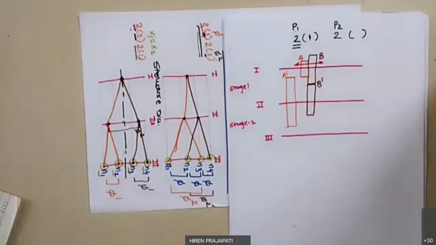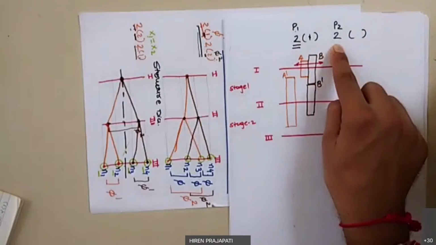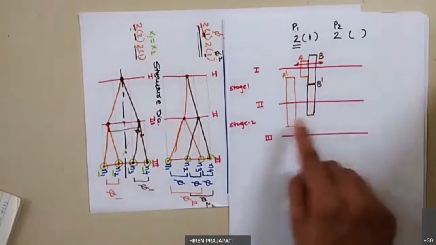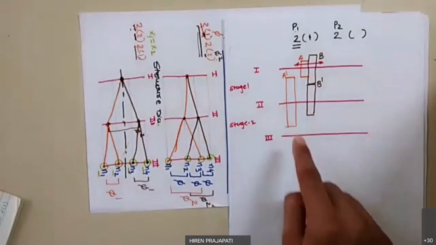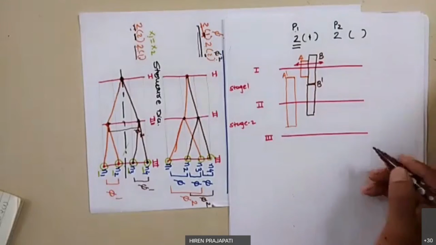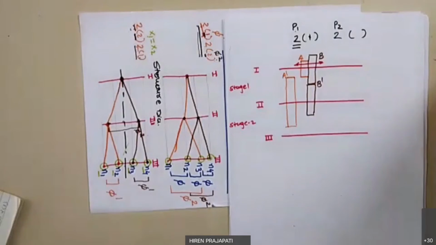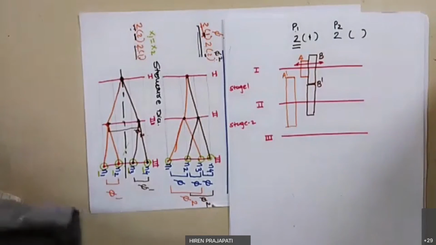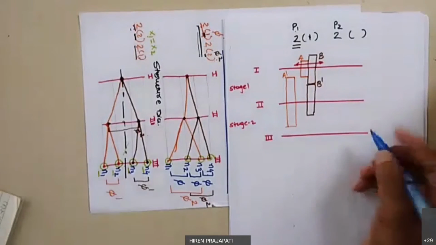Now, in the second stage, again we get two speeds. Stage 2 is between shaft 2 and shaft 3. So again, I consider one gear cluster on the output shaft.